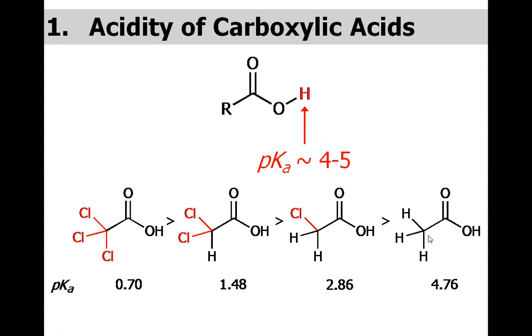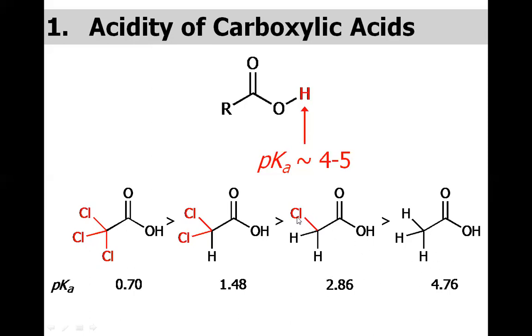Let us start from this, which is unsubstituted, which does not have any halogen linked with this species. It has 4.76 pKa value, and when we have one halogen group attached to the alpha position, the pKa value drops.